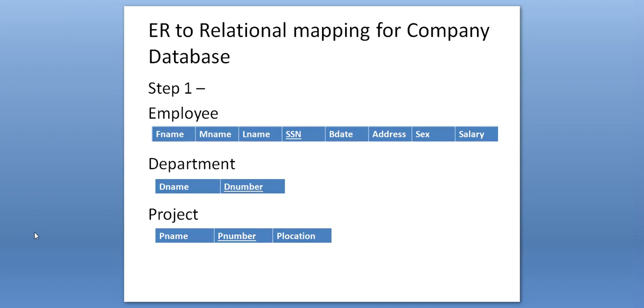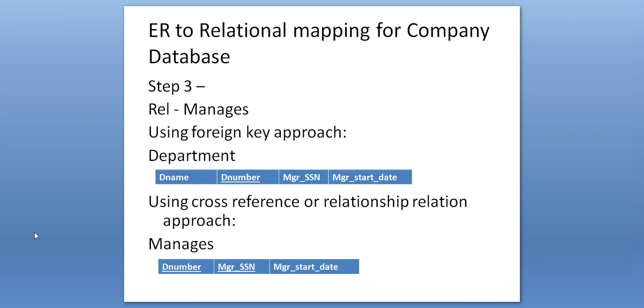We have to insert some more attributes because of this binary relationship, manages. What additional attributes are we going to insert here? One is a foreign key, referring to the relation corresponding to the other entity type that is participating in the manages relationship type.